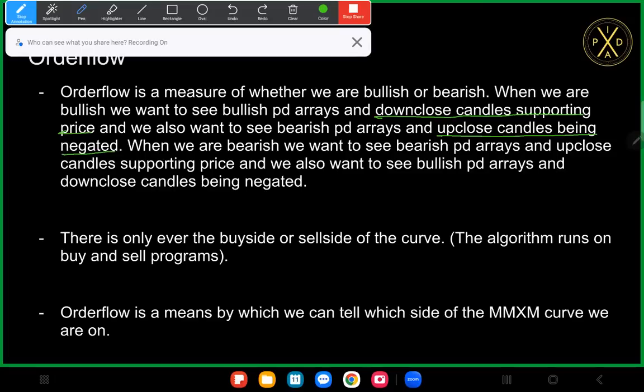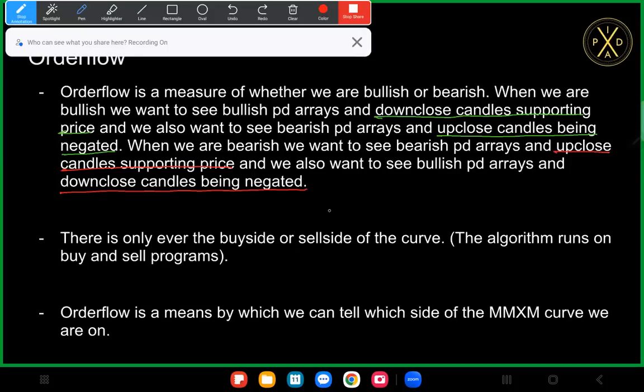And then when we are bearish, we want to see bearish PD arrays and up close candles supporting price. And we also want to see bullish PD arrays and down close candles being negated. So these two things that I have underlined in both green and red are what I call the two conditions of order flow.